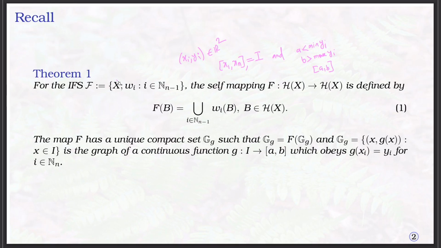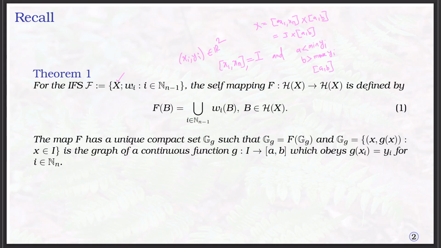Then this X is taken as the product of x1 to xn cross a comma b, that means I cross a comma b. We are taking this rectangular region, the compact set.